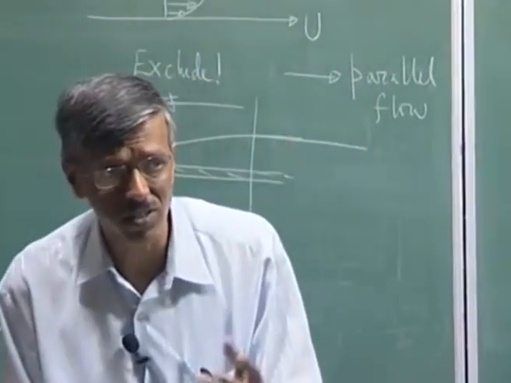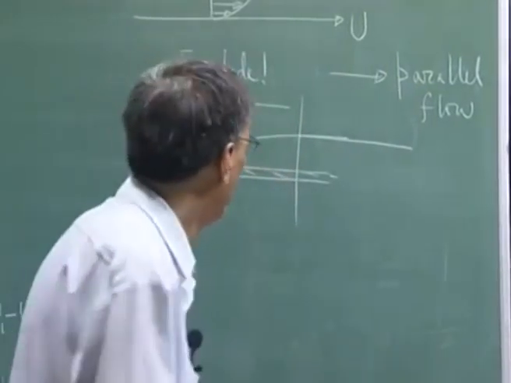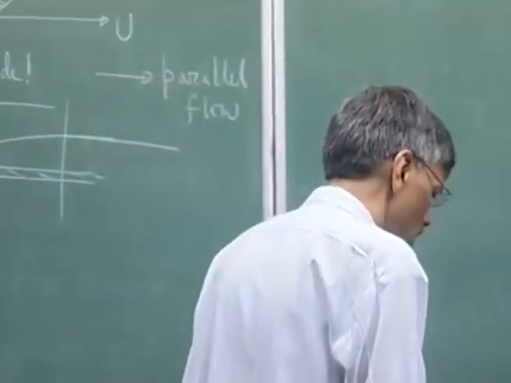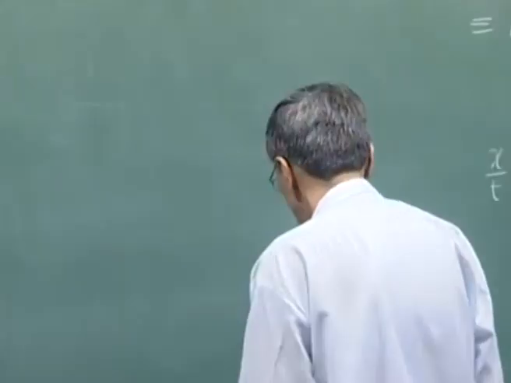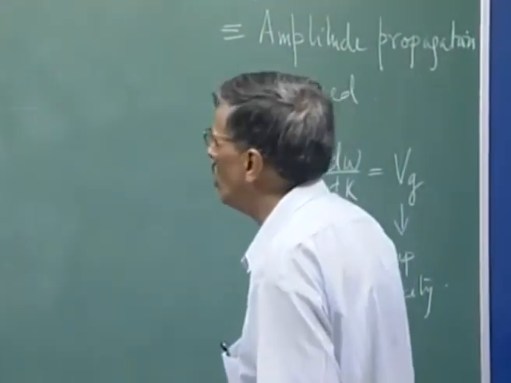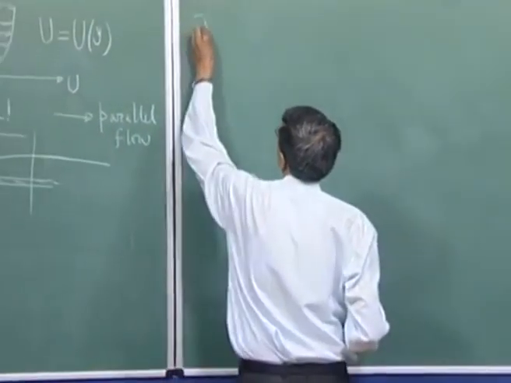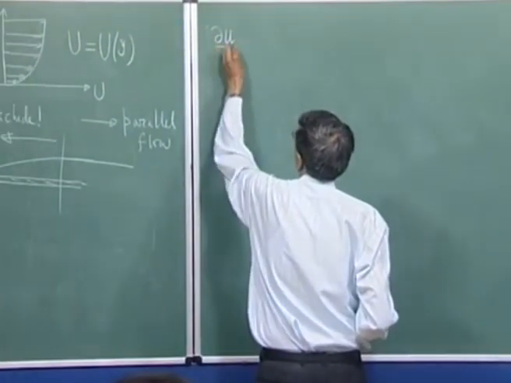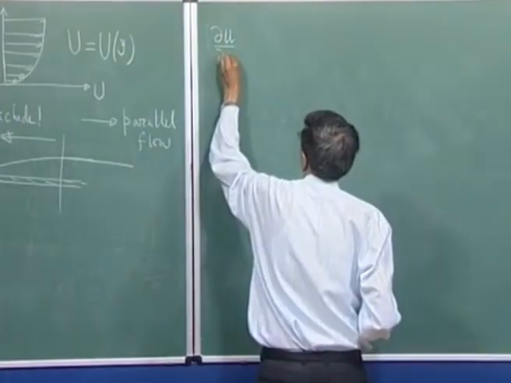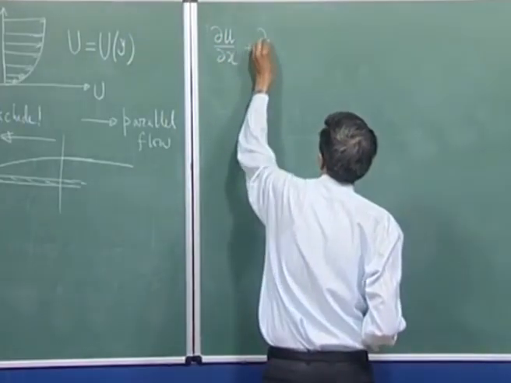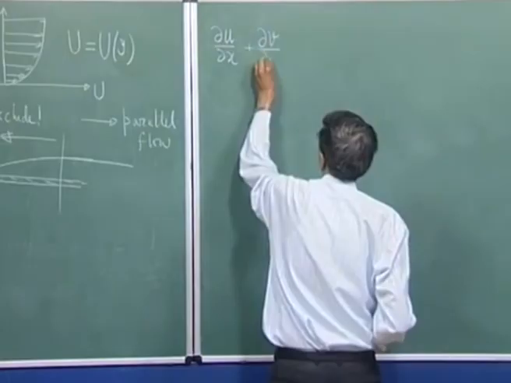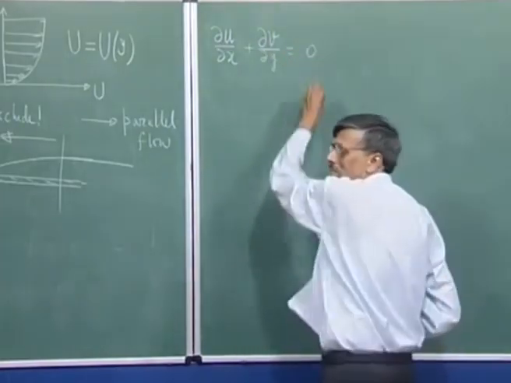Epsilon parameterizes the smallness of the disturbance field. So, let's go ahead and see what we get. Our full Navier-Stokes equation, for example, is given by this. Del u del x, we are talking about incompressible flow, and in a Cartesian frame, that's your equation.